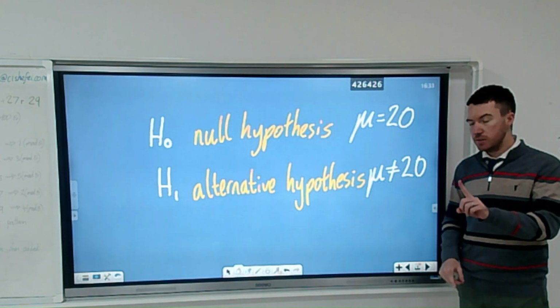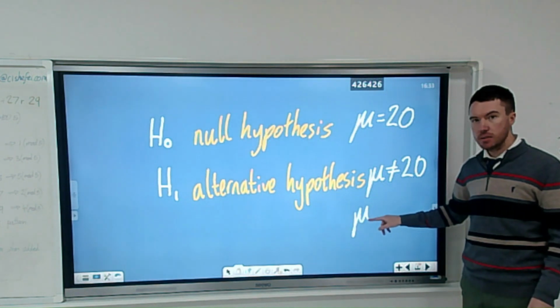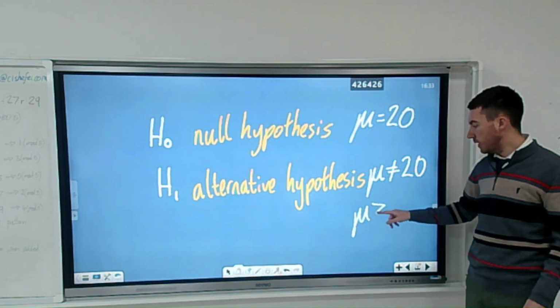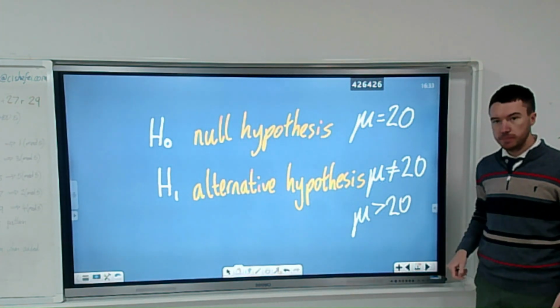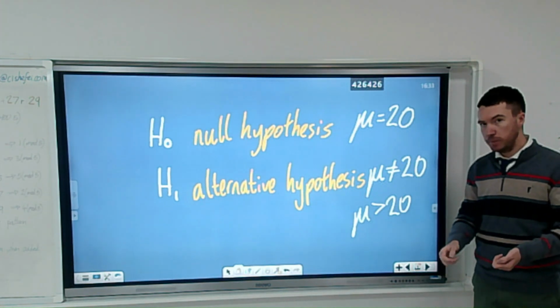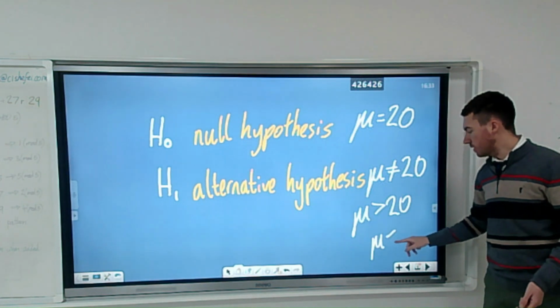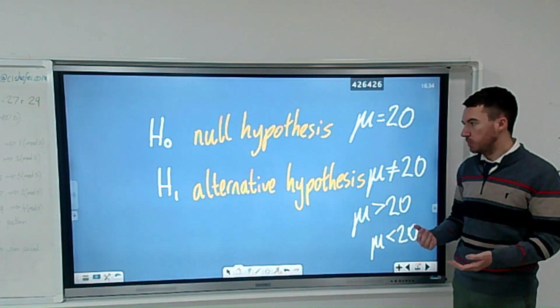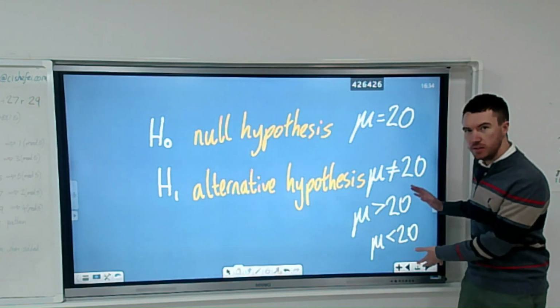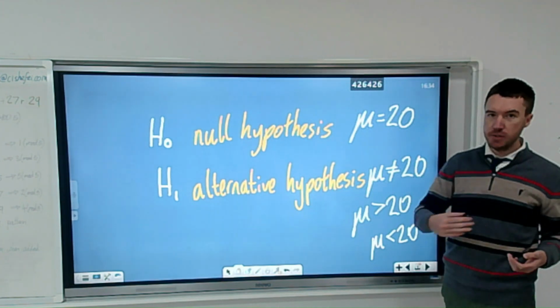For a one-tailed test, the alternative hypothesis could be the mean is above 20, or it could be the mean is below 20. And we'll talk more about how this is significant later on.